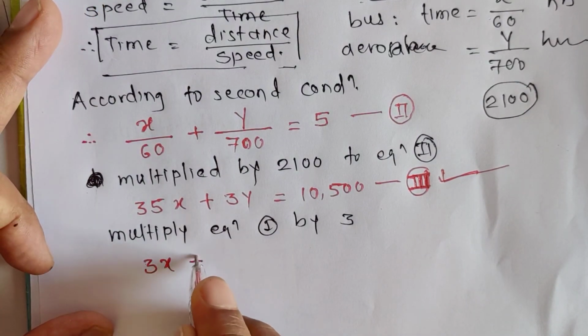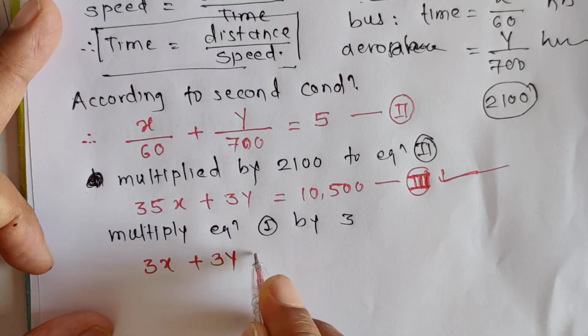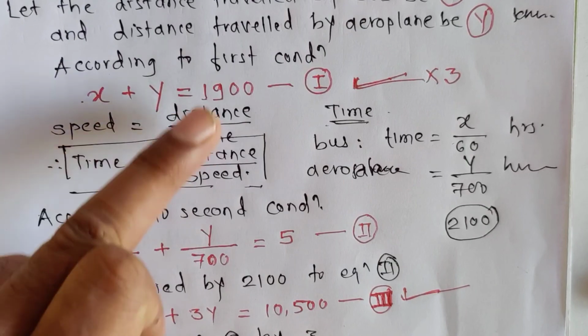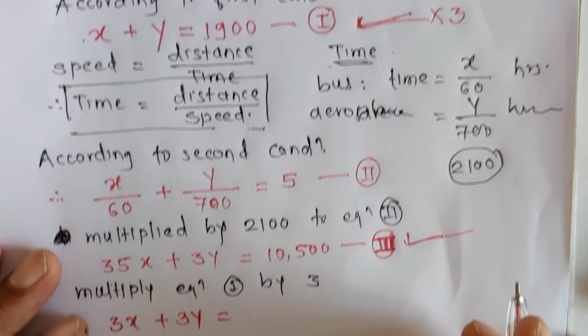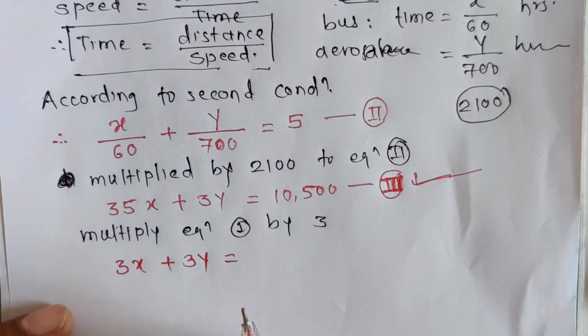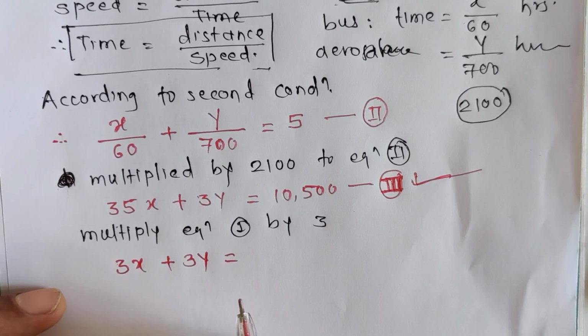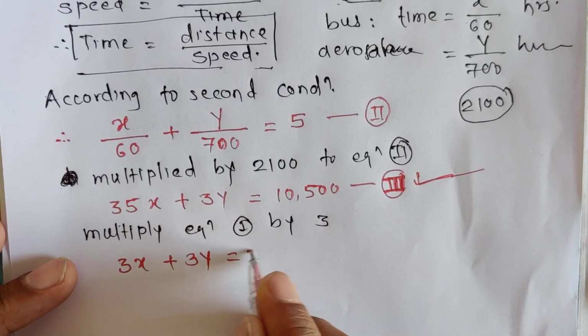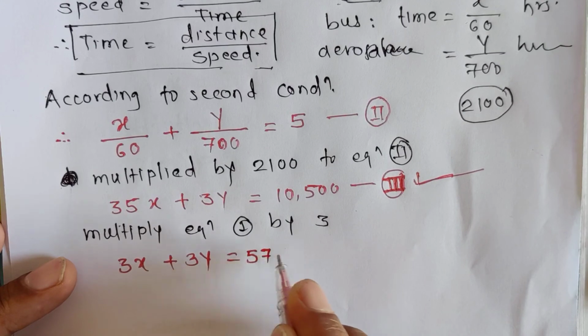So this equation 1 becomes 3x plus 3y is equal to 1900 multiplied by 3. We get 5700.